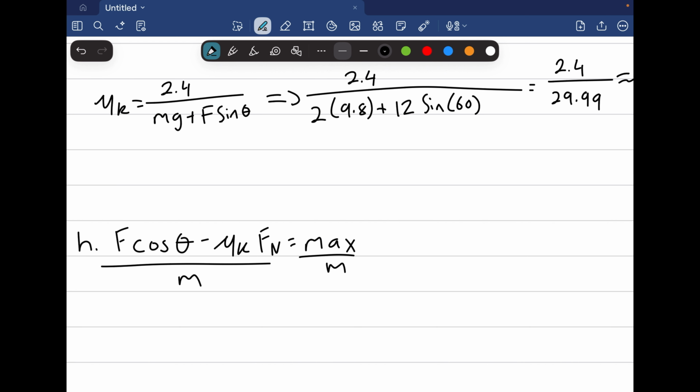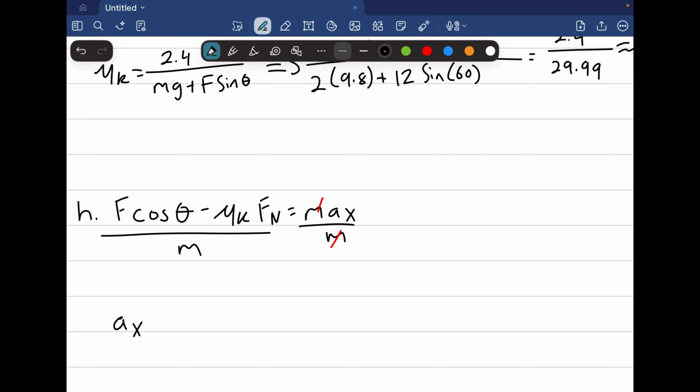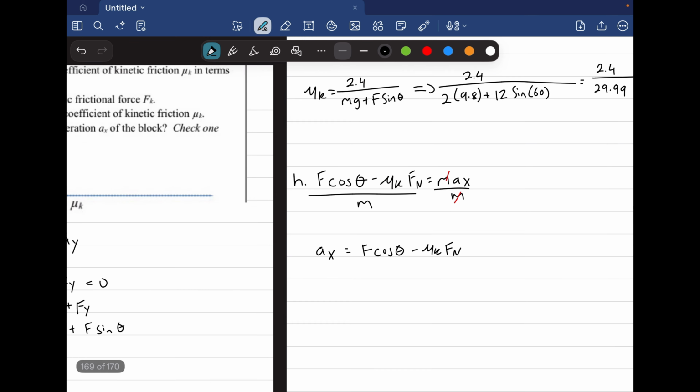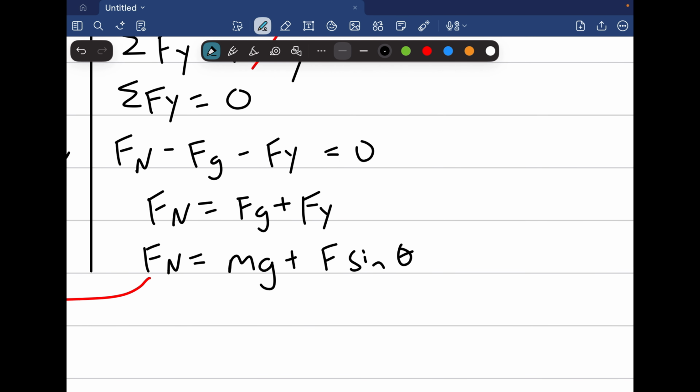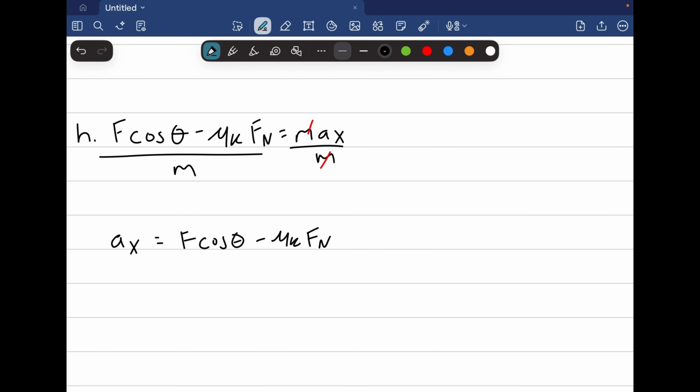So these two cancel out, leaving me with this. And then we know that Fn is mg plus F sine theta. So I'll replace that.